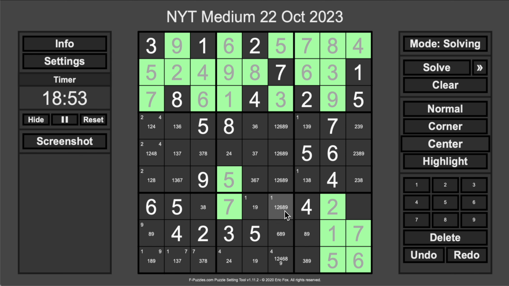Actually, they all need 4s in them, so we're going to start there. 3, 6, 7 triple says none of these can be 6.